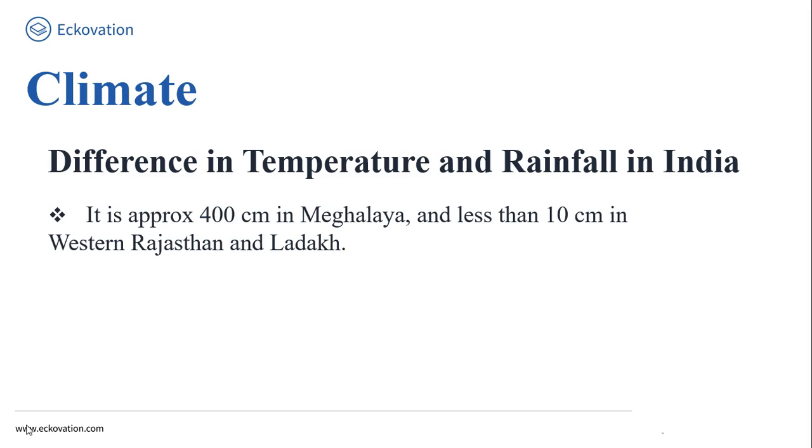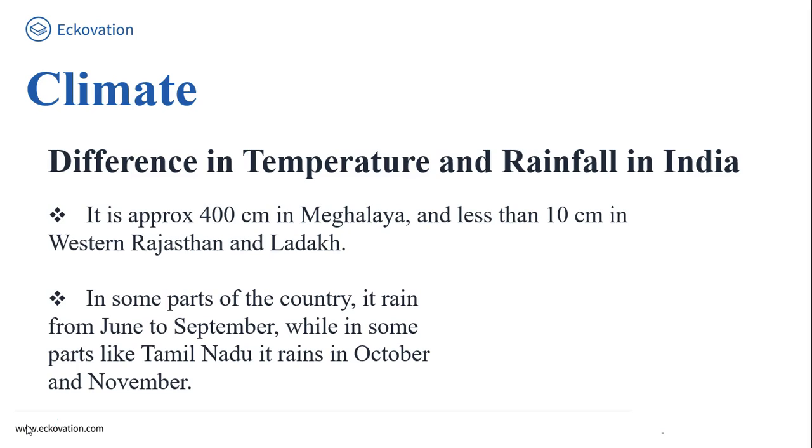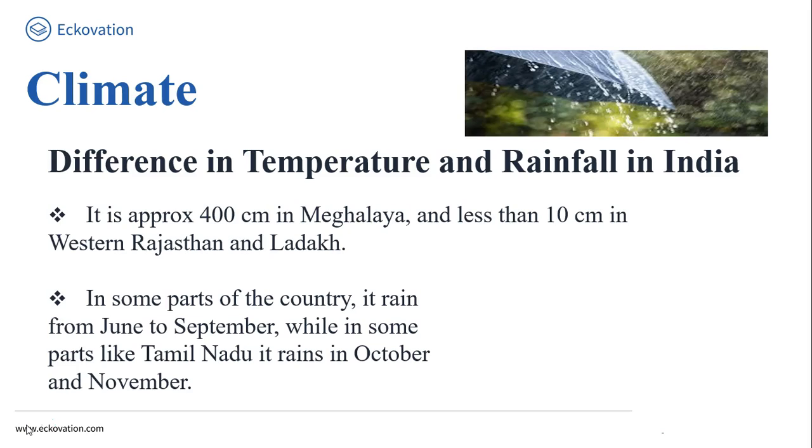Friends, when we talk about rainfall, in some parts of the country it rains from June to September, while in some parts of the country such as Tamil Nadu it rains in October and November.